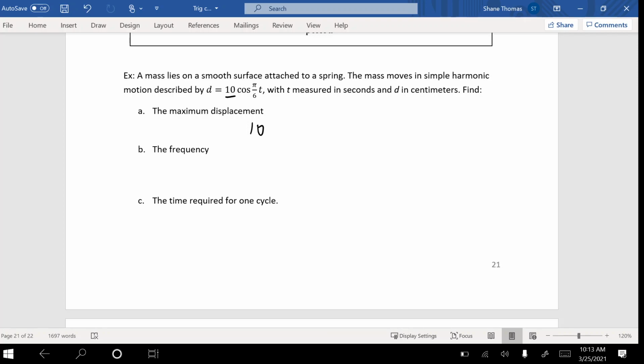All right, frequency it occurs at. Same thing as finding our w before, essentially. So my frequency in this case is going to be w over 2 pi. I just flipped it. So we know that that is going to be right here, pi over 6, right?